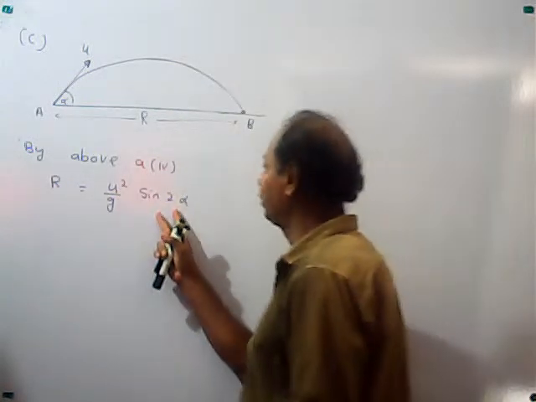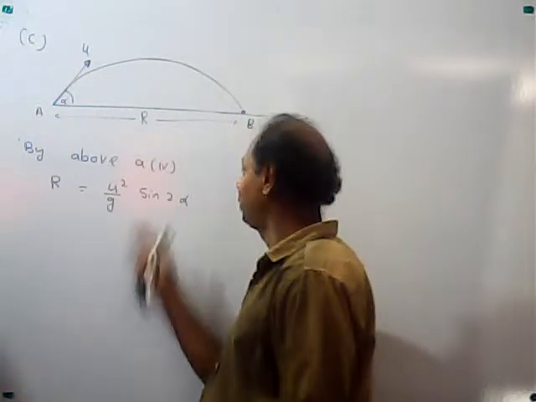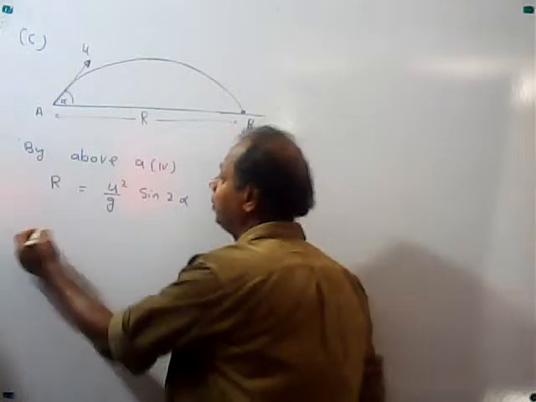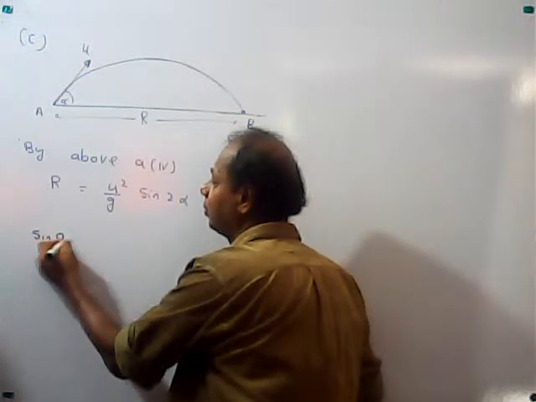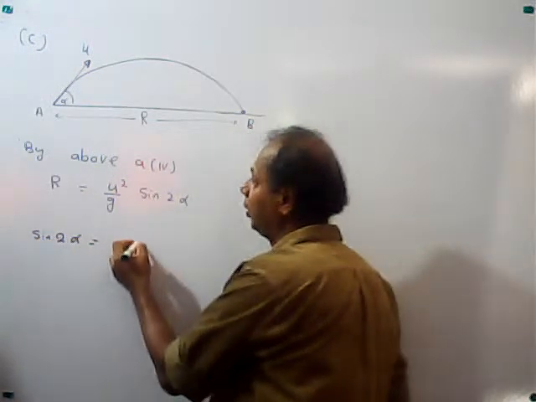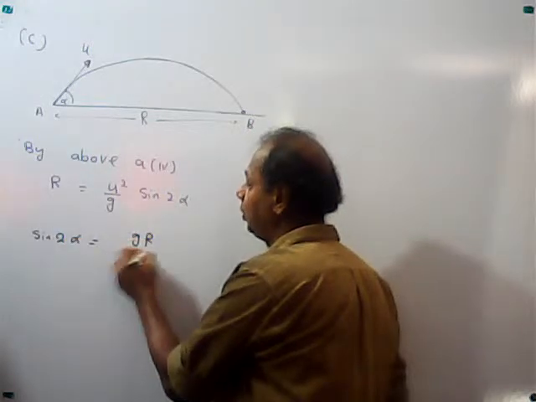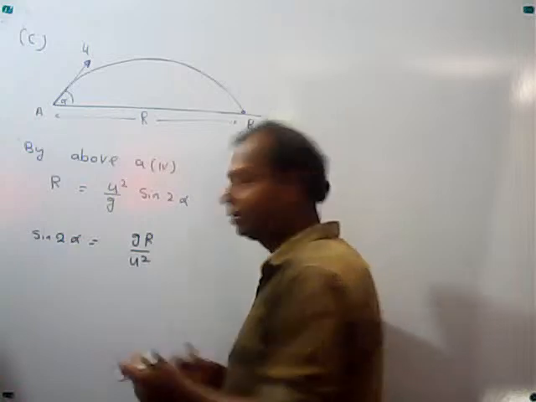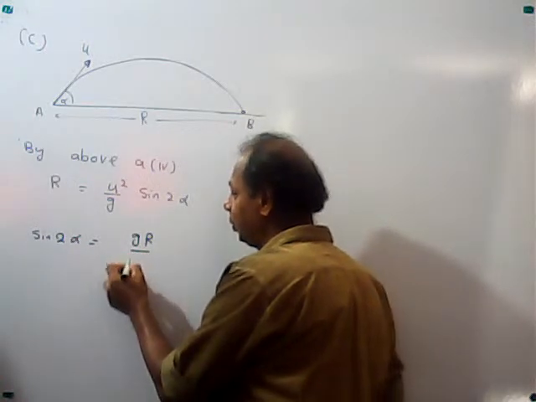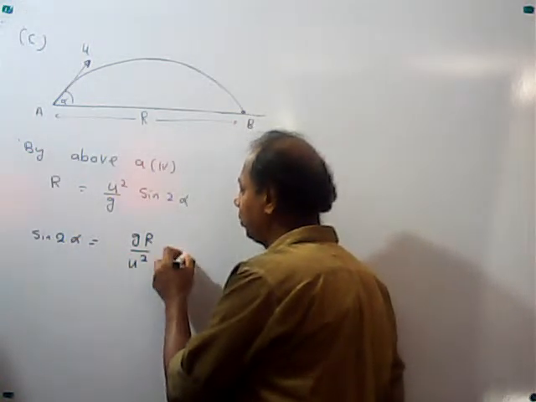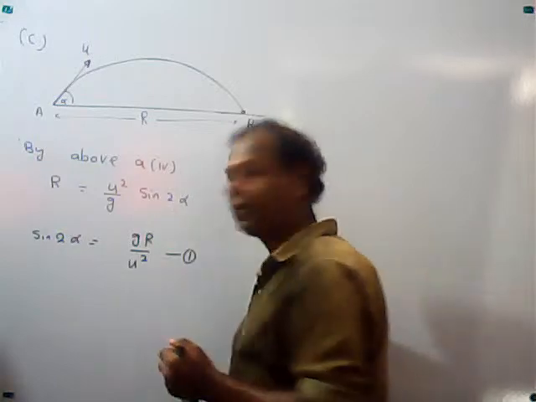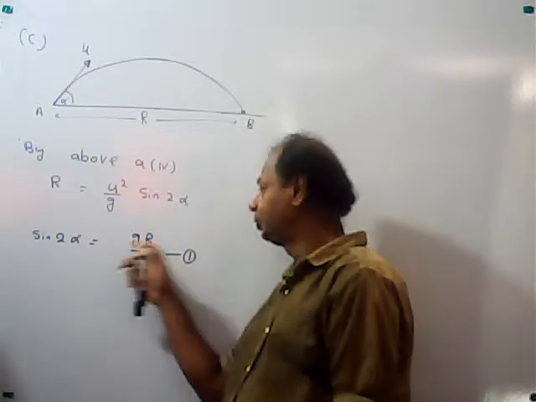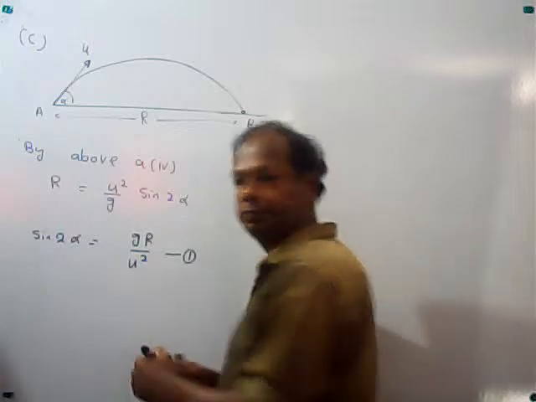So it's about the angle, right? We'll make this the subject. This is sine 2 alpha equals g r over u square, right? This is some proof I'm writing of some theory part, say it's number one.